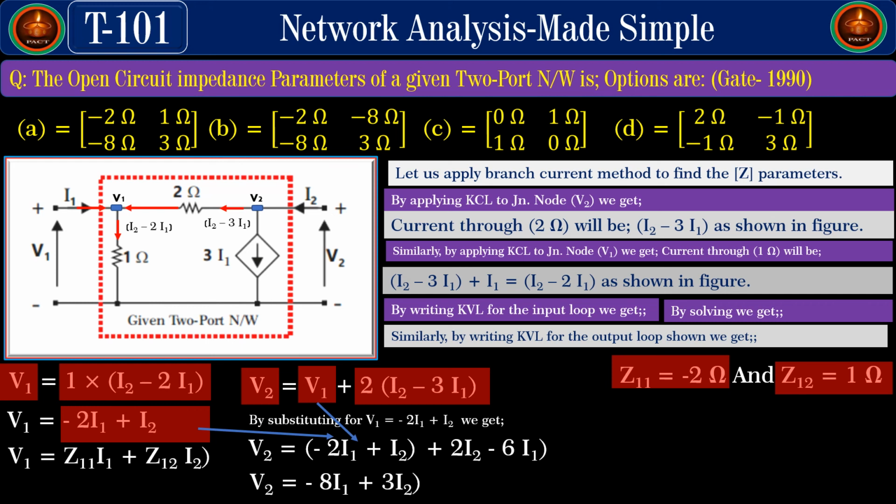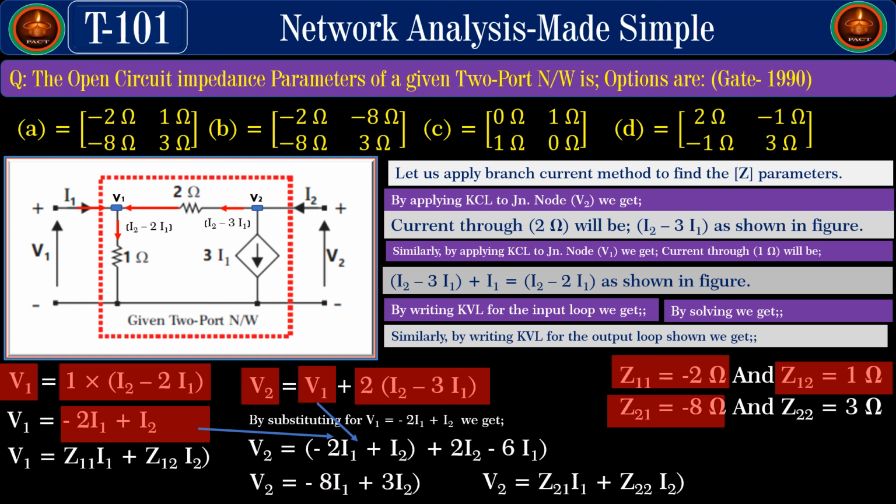By comparing this equation with the standard output equation of Z parameters, we get Z21 is equal to minus 8 ohm and Z22 is equal to 3 ohm.